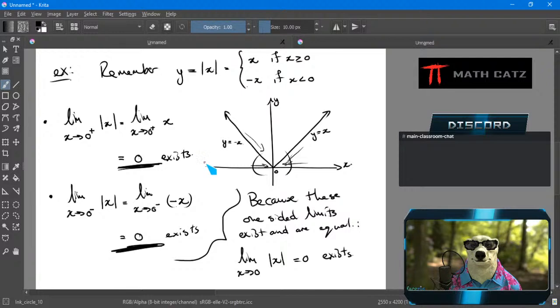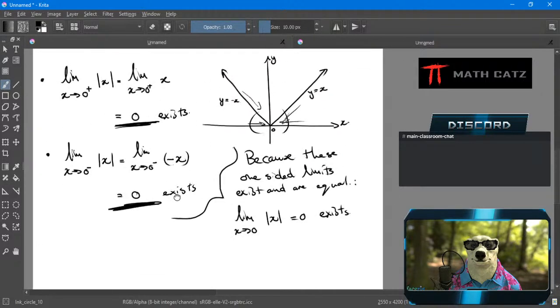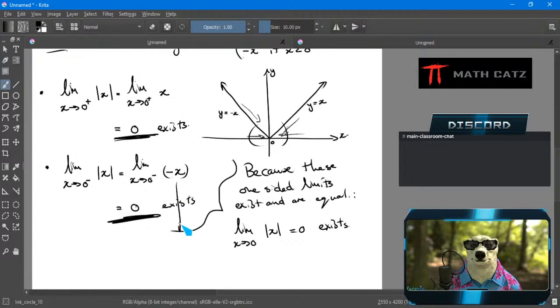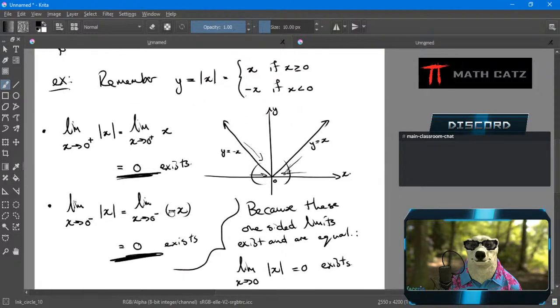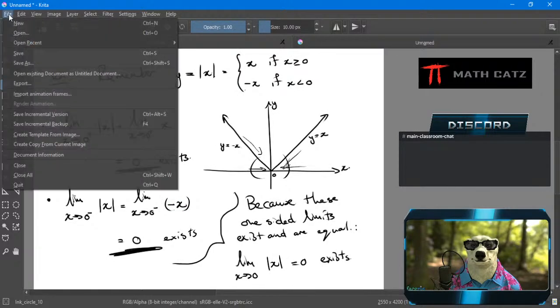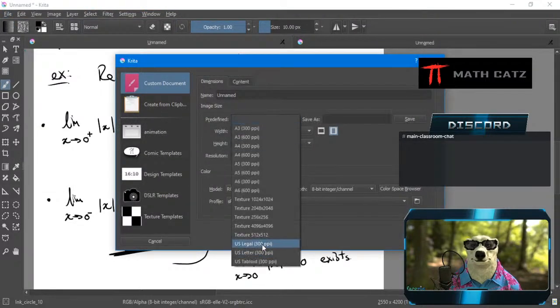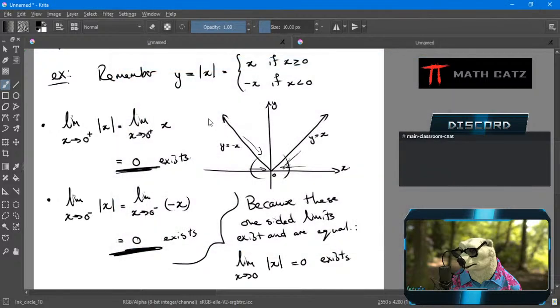So let's see a simple example where I won't be able to make this two-sided limit conclusion. I think I'm out of space here. Whoops. There we go. Let's make a new page here.